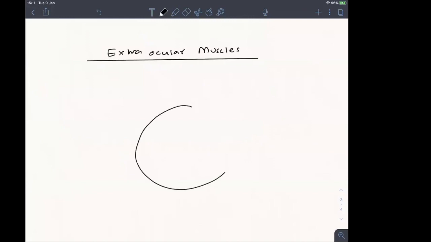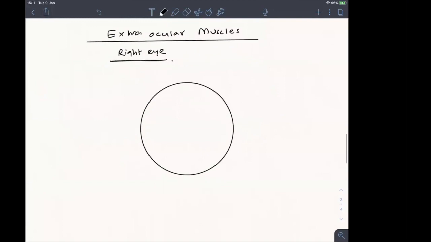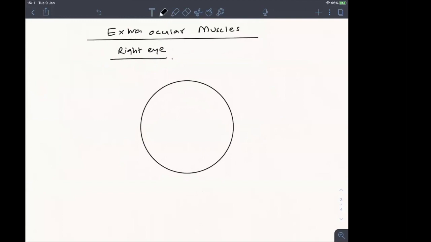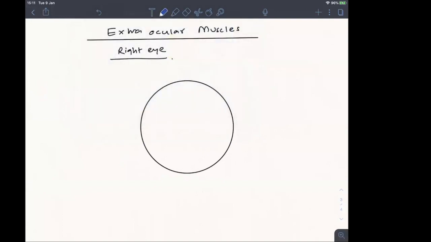So again, let's draw the eye. And we are again looking at the right eye, and we're looking at it from the front. So imagine that you're looking at a patient and you're looking at the patient's right eye. So that is this. There are 6 muscles that you need to remember.